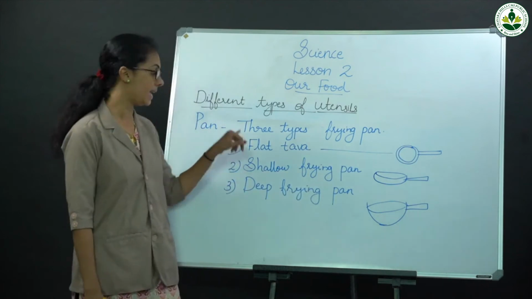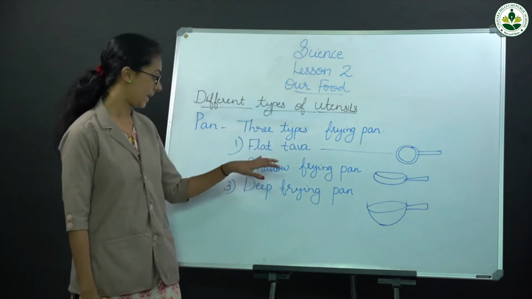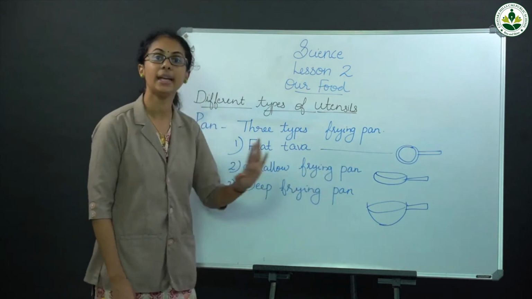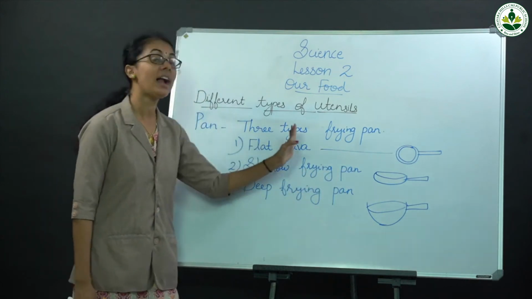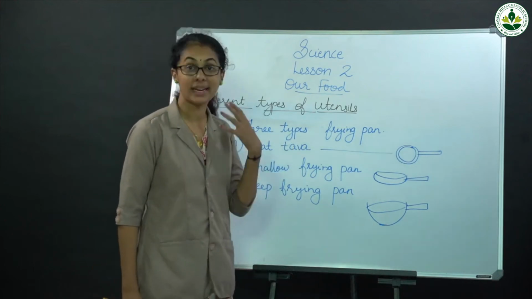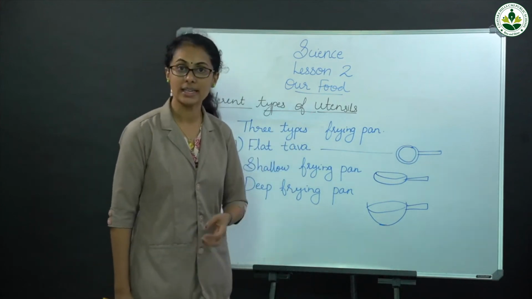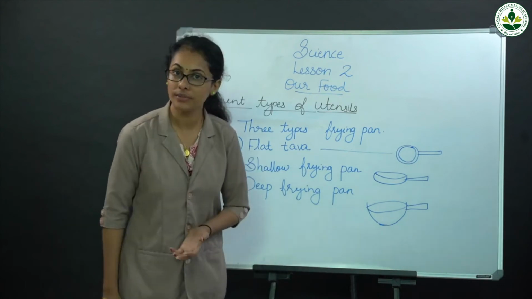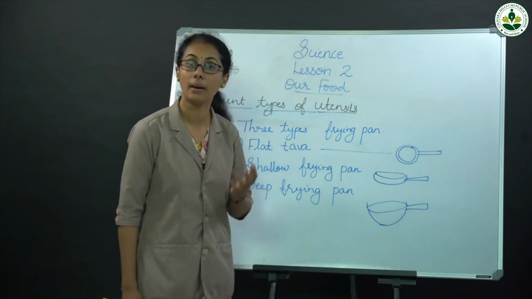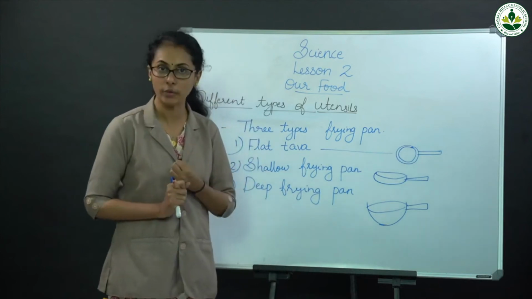The flat tawa is used for making dosha, chapatis, appam, that type of food items.